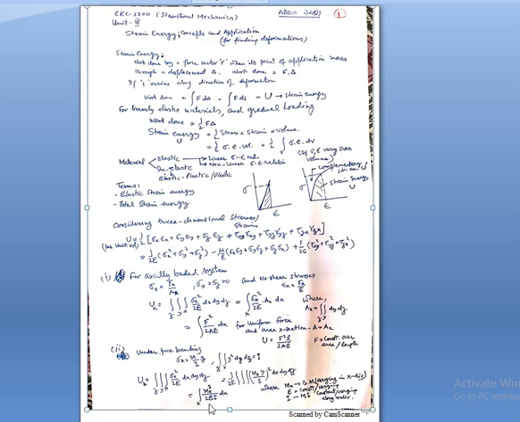Why has yz been replaced? Because we are assuming that the area cross section is in the plane yz. So the integration dA by dz is replaced by that. But y square dA by dz will be the moment of inertia of the cross section. It is also called the area moment of inertia. So after replacement we can see that.